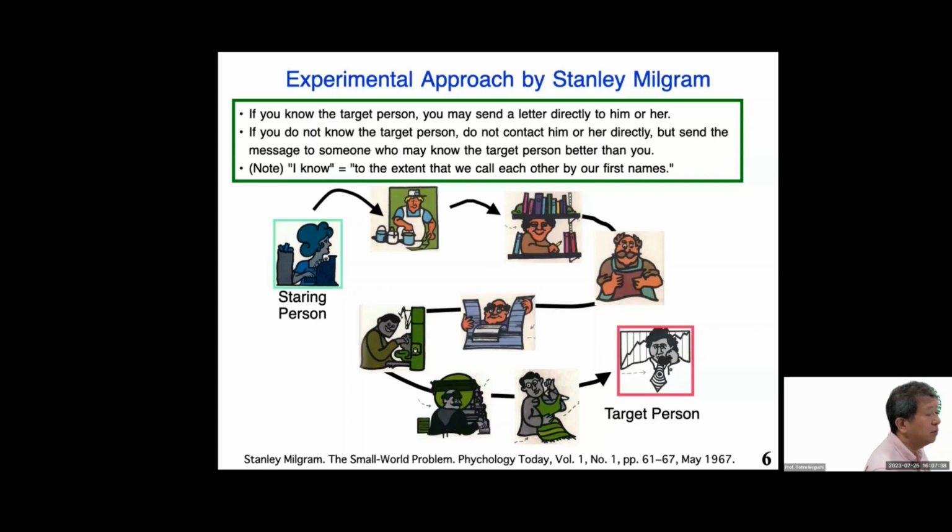The definition of knowing here is that you call each other by your first name. So now the letter is finally sent to the target person. So how about the total results of Milgram's experiment? Let me explain the results.